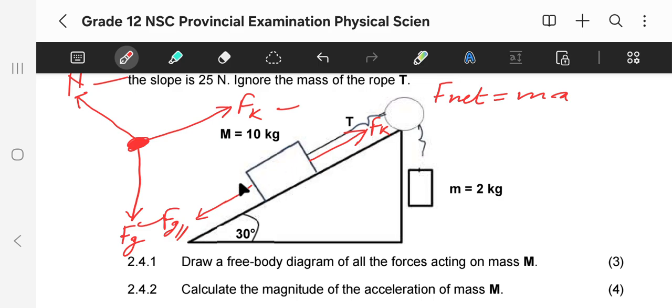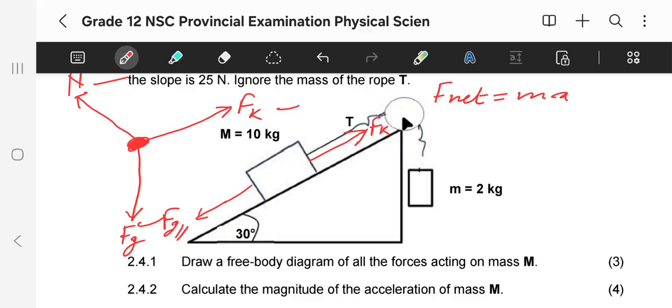So the net force definitely is the force that gets the object to move, which is Fg parallel. So Fg parallel is bigger than Fk. So thus we use Newton's second law formula, and our F net is the sum of all the forces that are acting on this object. But which forces are we talking of in this case? The horizontal forces, not just any forces, but the horizontal forces.